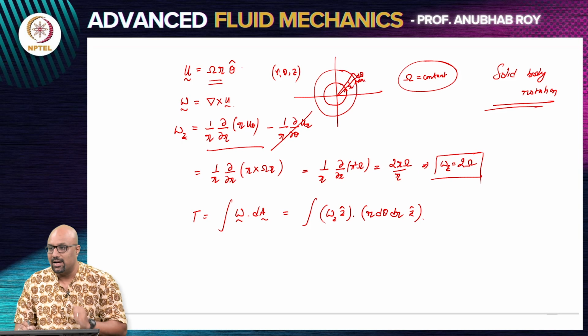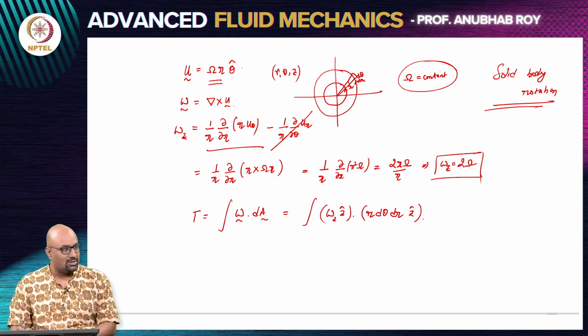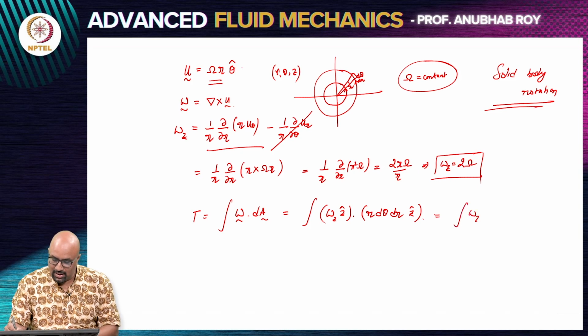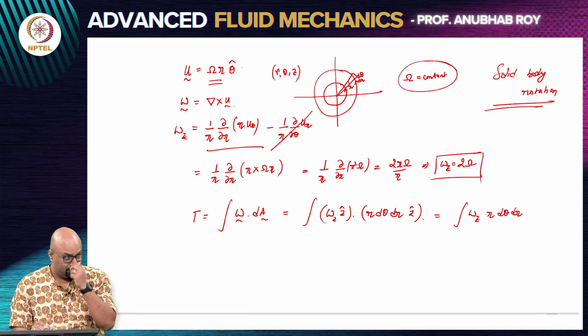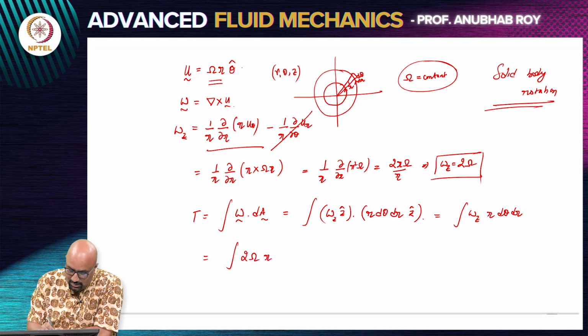So, you will basically compute r d theta dr pointing in the z direction. So, this gives me omega z r d theta dr. So, if you plug in your expression for vorticity, you have vorticity is a constant, 2 omega r d theta dr.